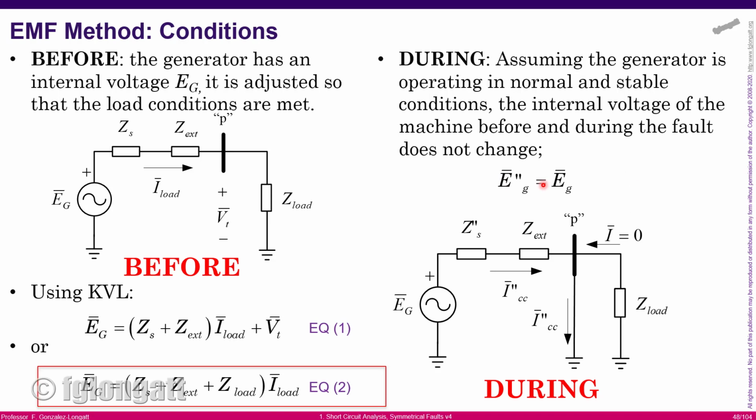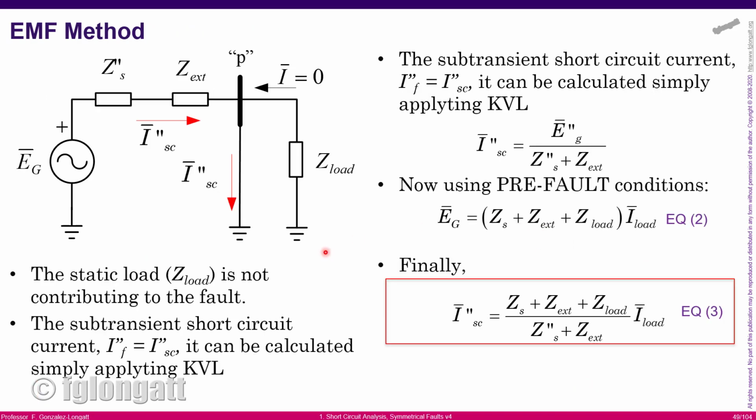I mean, subtransient, transient, and steady state have the same internal voltage. However, the subtransient inductive reactance must be used in this machine, and here we have the circuit model for this condition. I believe all of you are familiar with using circuit analysis, okay?